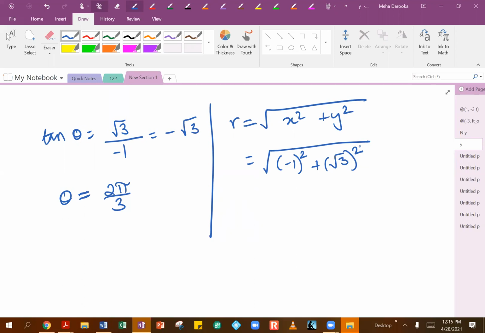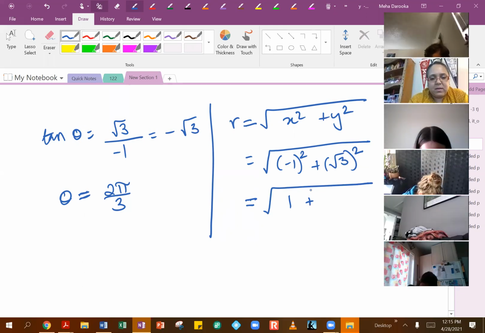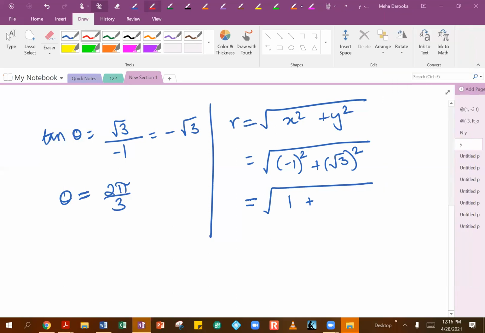And then what do you think will happen with the square root of 3 when we square it? Yeah, there you go, because your square and square root will cancel each other out, and very nice, you end up getting just 3 over there. So 1 plus 3 is 4, and of course, square root of 4 is 2.